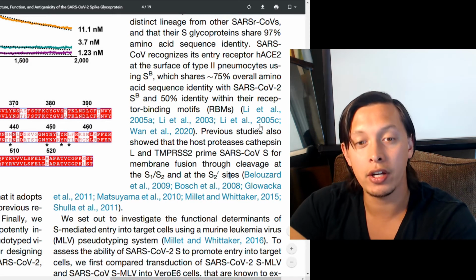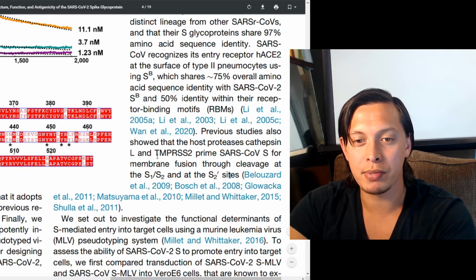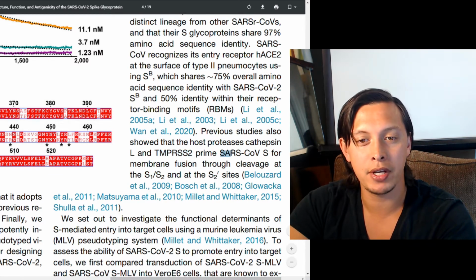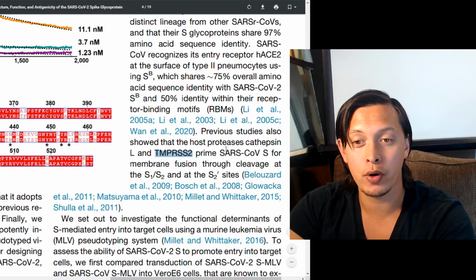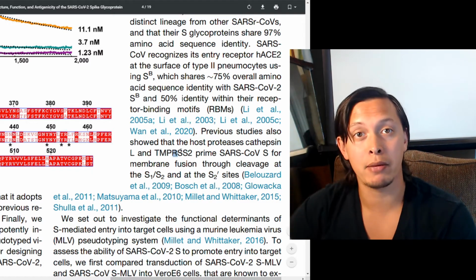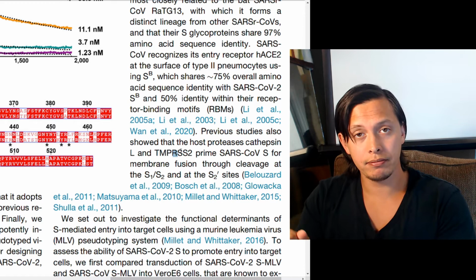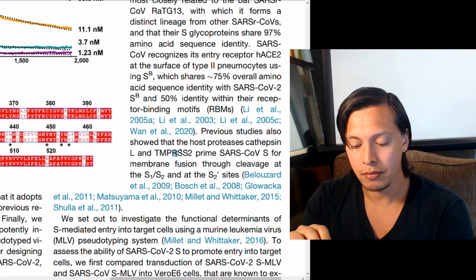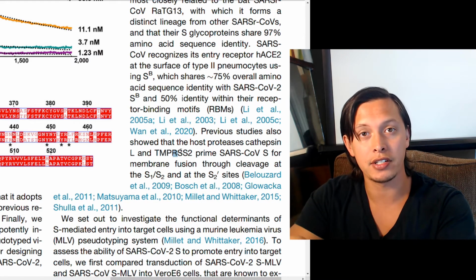As I said earlier, you need these specific proteases, TMPRSS2 and cathepsin L. These are the two proteases known to cleave the spike protein of the original SARS. So it cleaves it, and then after that cleavage the virus is allowed to get into the cell.